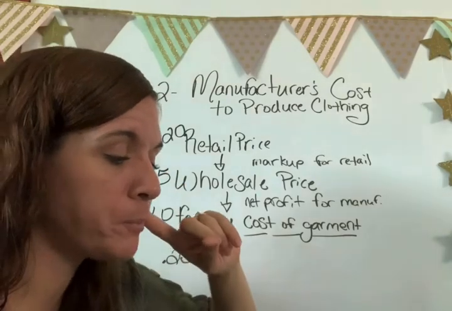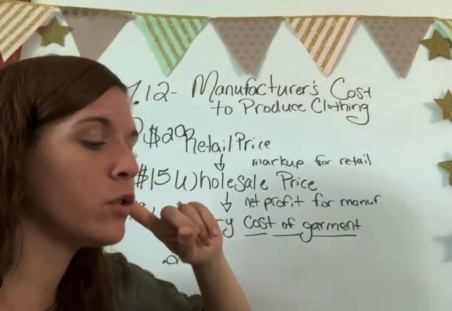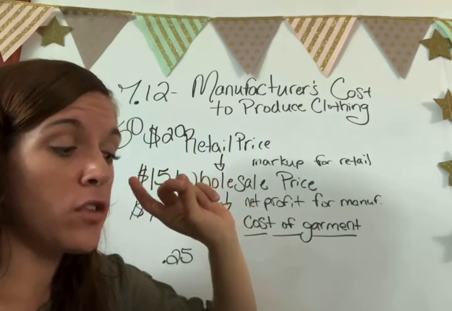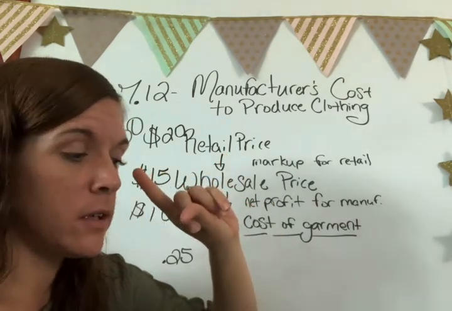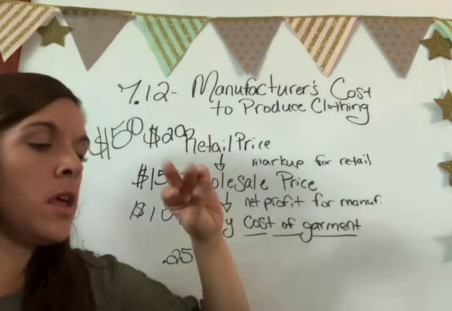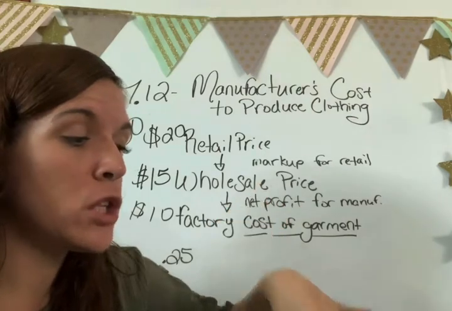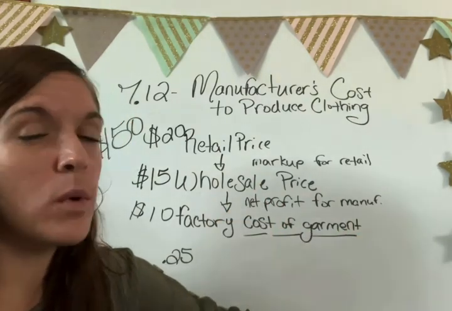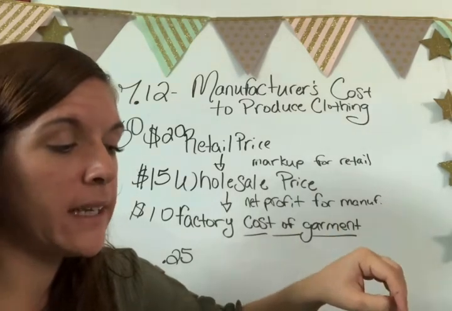Factory overhead includes salary of workers not directly involved in producing the garment, such as office workers and supervisors. It also includes rent, utilities, that's your water and electricity, equipment costs, and depreciation on machinery and equipment. Insurance. We don't have to worry about depreciation right now, but one day you'll learn it in accounting.